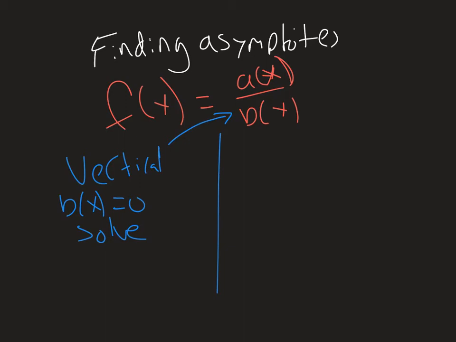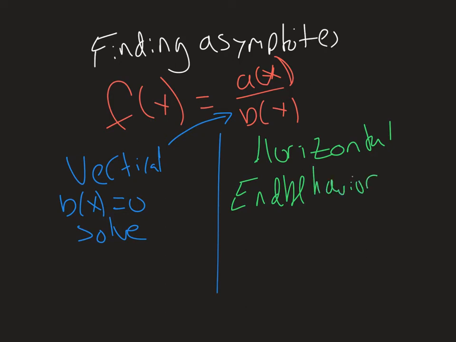And if we're looking at horizontal, there's actually a couple different schools of thought. The first school of thought that I like is we look at what's called end behavior. And I like this because it's one thing. I don't have to necessarily remember a bunch of different contingencies for when I have a horizontal asymptote, when I don't, or when it's a particular value, when it's 0, when it's not 0.